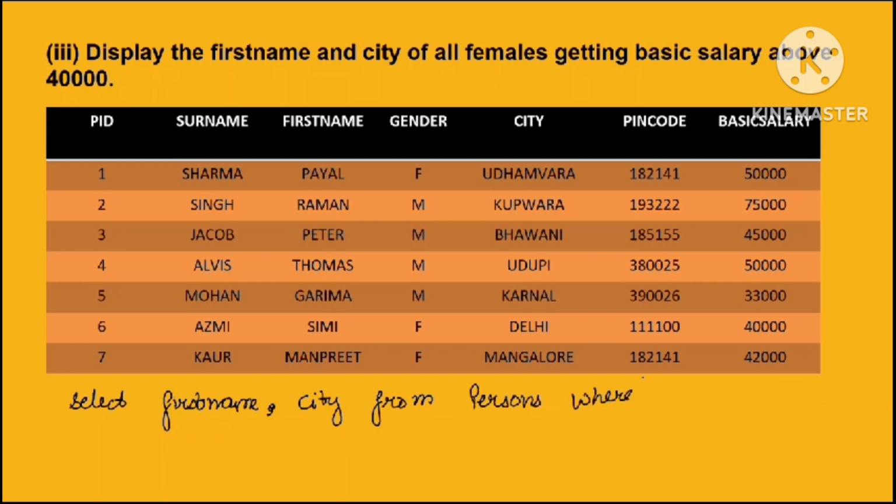Where basic salary, that column you should mention, basic salary greater than 40,000 and gender should be female. The city of all females is asked. So gender is equal to F, semicolon.